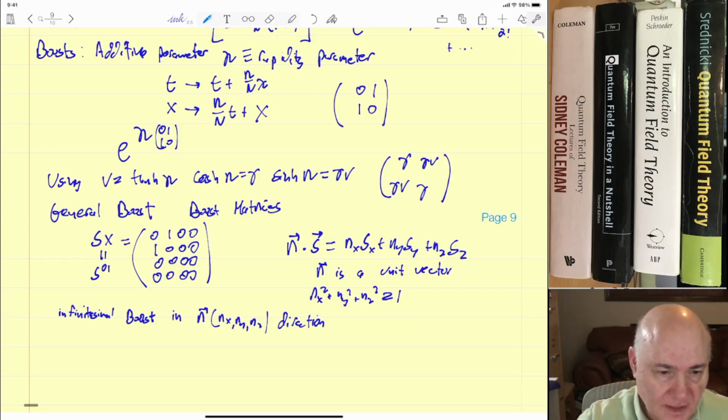Okay, and so let's define just S, the matrix S. That's going to be nx asterisk S, I use 0, 1 there.